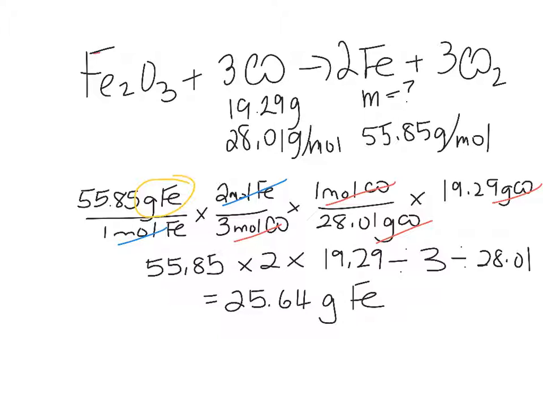So if you're going to stick with formulas, and that's the way you want to do it, absolutely do it. Just make sure every step you carry an extra digit from your calculator than you need, and put your units in each step. So now if you want to copy that down, go ahead.